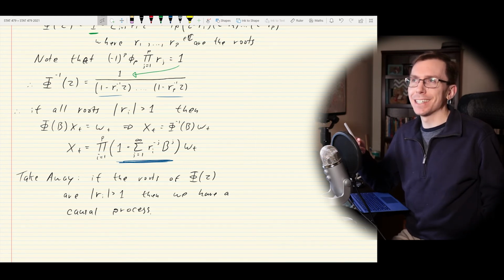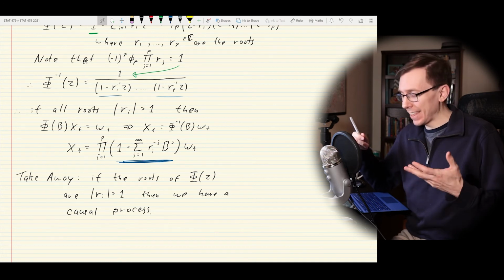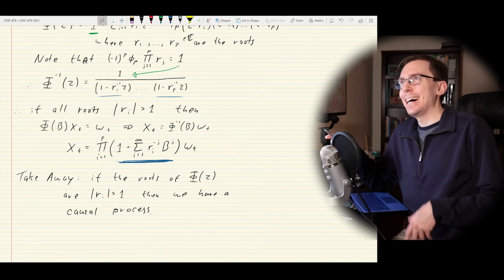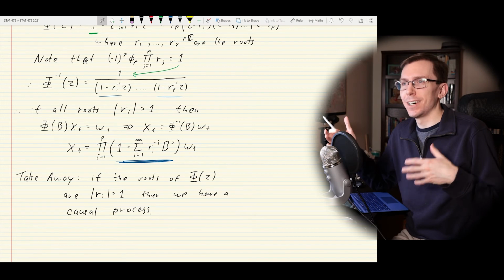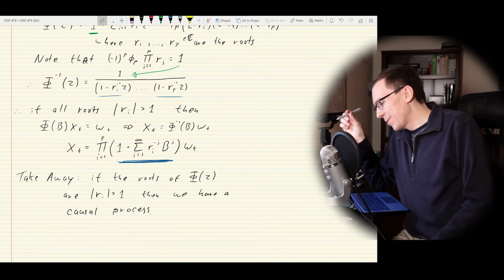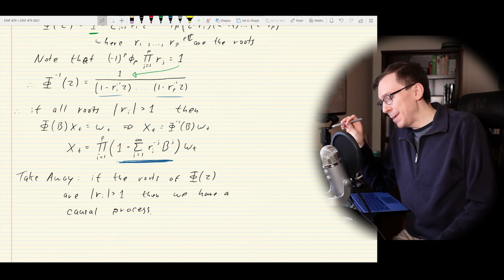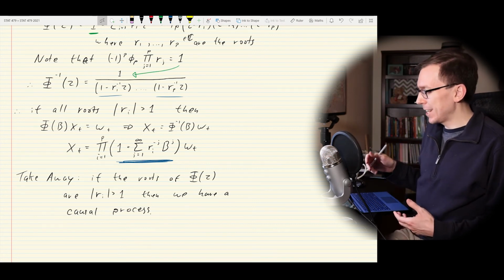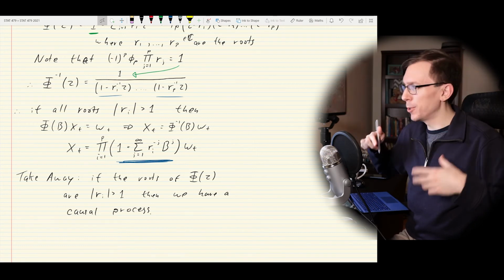If you glance at the documentation for some of these tests, they'll say something like, we're testing for the existence of a unit root. So the point of that unit root they keep talking about comes directly from this polynomial. It's basically saying we want all the roots to be bigger than 1 in magnitude. We don't want them to equal 1.